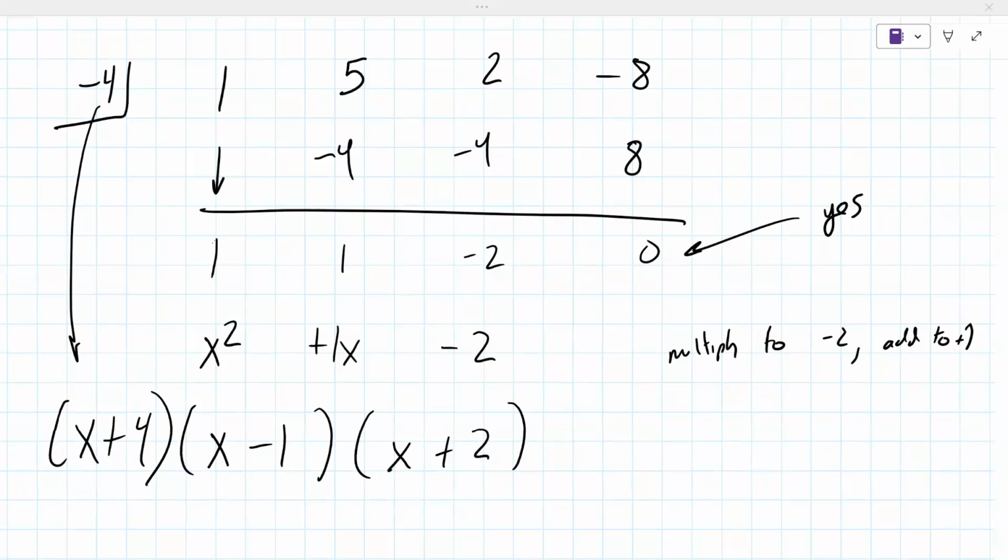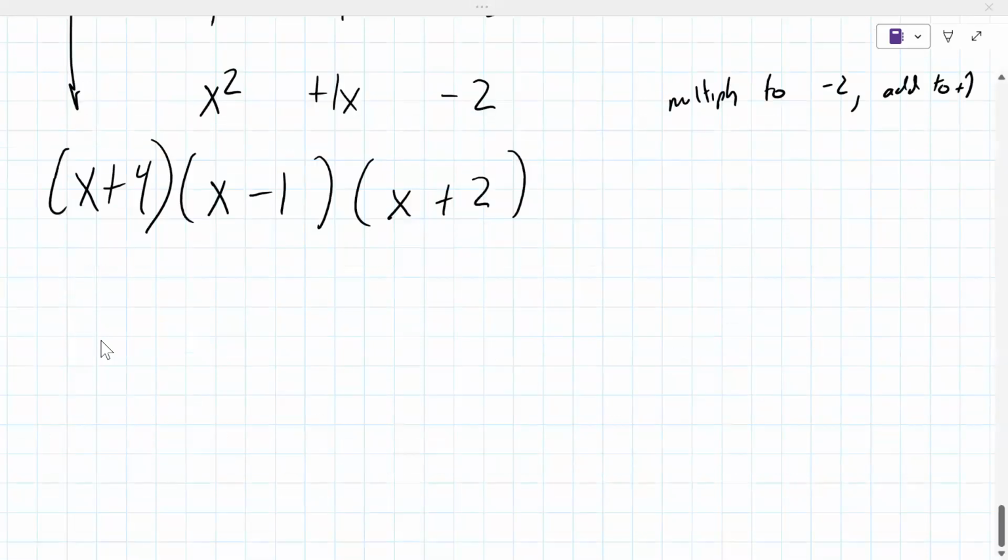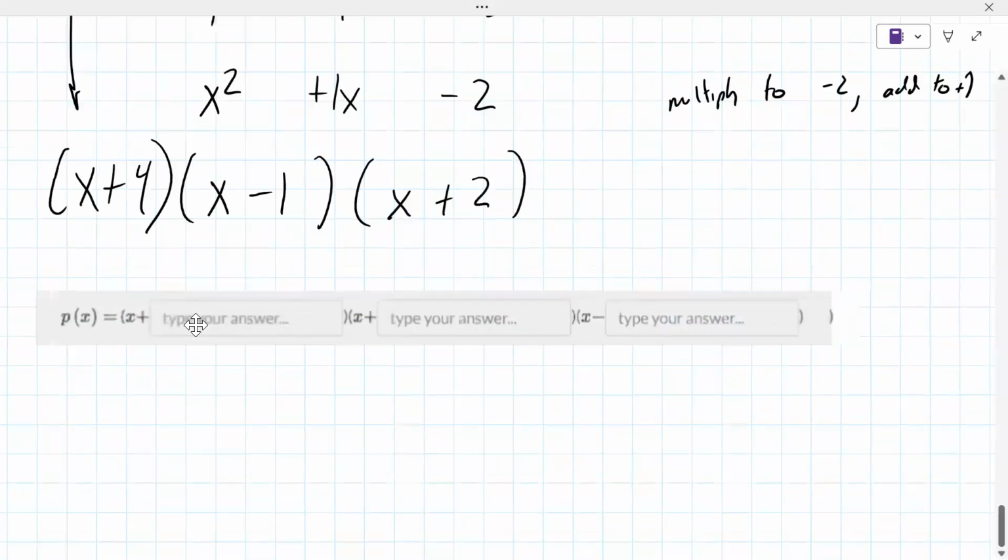Sometimes you get the answer, you're like, how do I even enter this thing? Let's show you that here. So x plus 4, x plus 2, x minus 1.